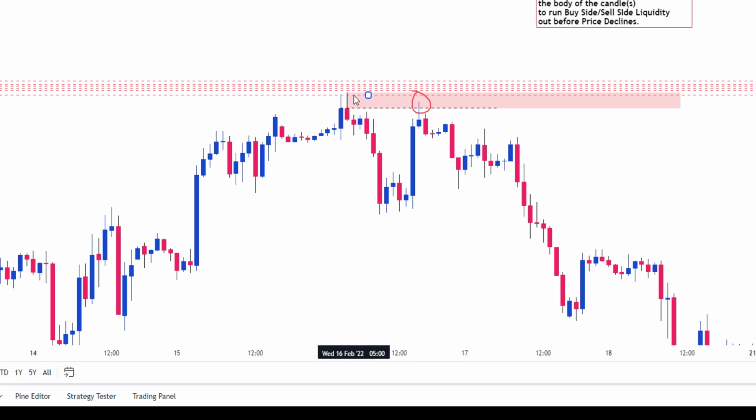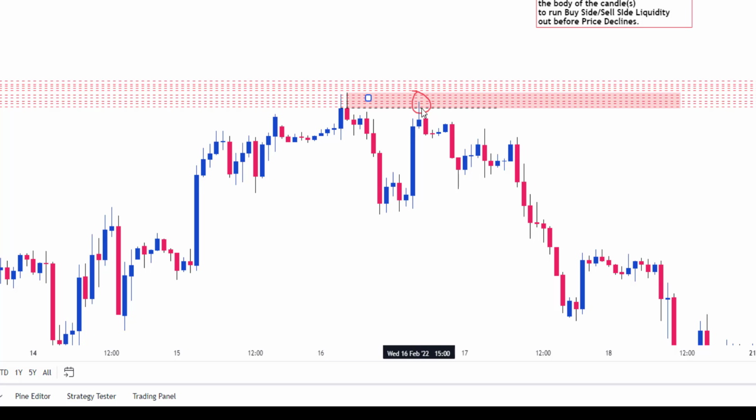This place is filled with liquidity. The reason why price is trading above the body of the candle is simply because there is liquidity from right above the body of the candle up to that level. And this is how a rejection block is supposed to be, a bearish rejection block.